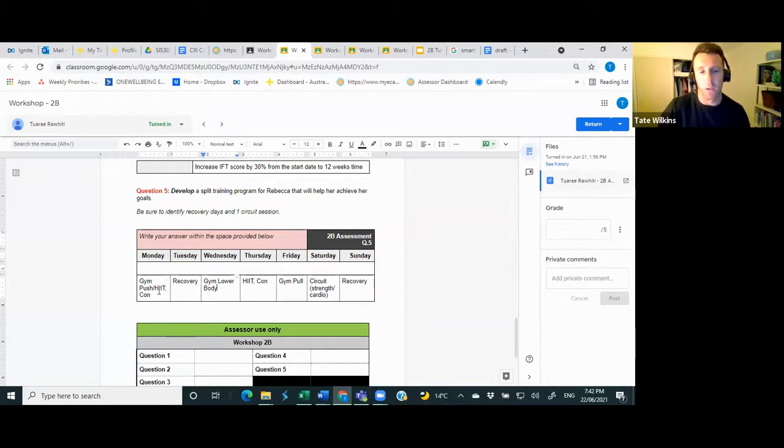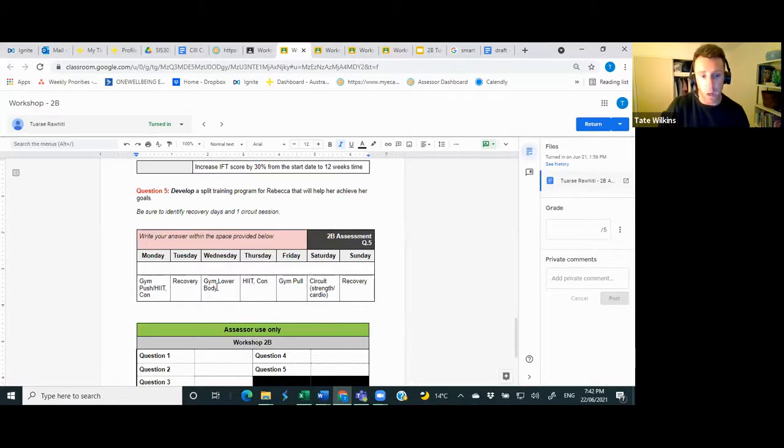So just to recap, probably three gym sessions, circuit on the Saturday, add in maybe two cardio sessions. You can do cardio with your gym, or you can have a cardio session separately. And it does say to identify a recovery day, so probably put a recovery on Sunday and somewhere in the week.